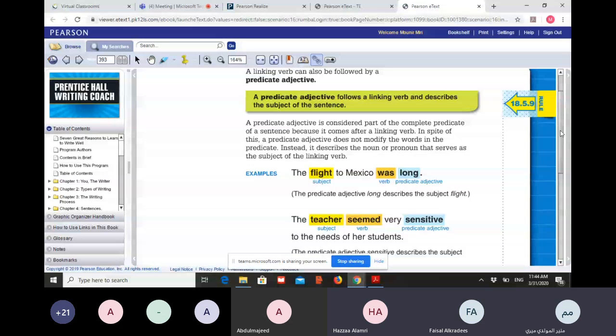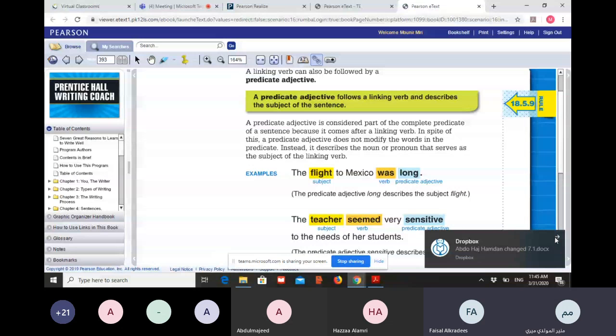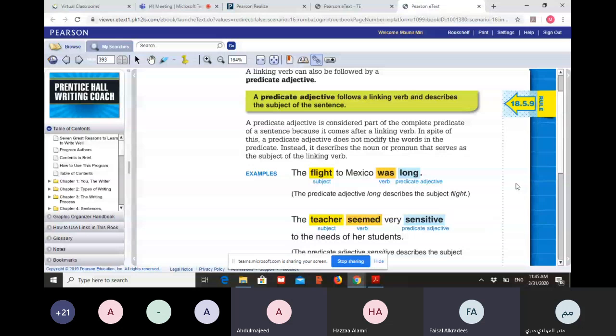Yes, a predicate adjective follows a linking verb and describes the subject of the sentence. A predicate adjective is considered a part of the complete predicate of a sentence because it comes after a linking verb.